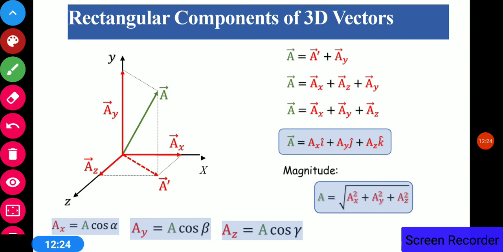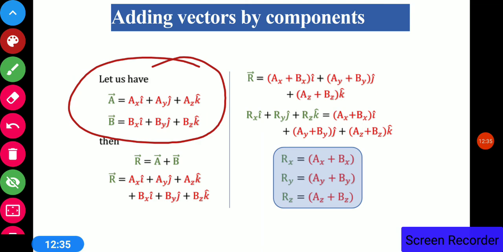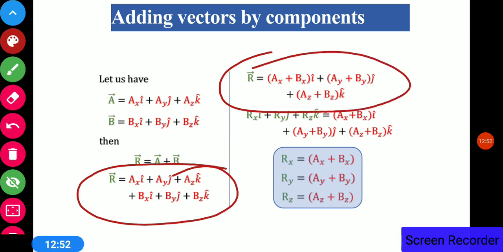So in this way we can resolve the components along the three Cartesian axes. We can also add vectors not only graphically but also by the components. So if we have vector A and vector B, that is Ax i cap, Ay j cap, Az k cap, and B is Bx i cap plus By j cap and Bz k cap, then if we want to add, R is equal to A plus B, and rearranging the terms, (Ax plus Bx) i cap plus (Ay plus By) j cap plus (Az plus Bz) k cap.